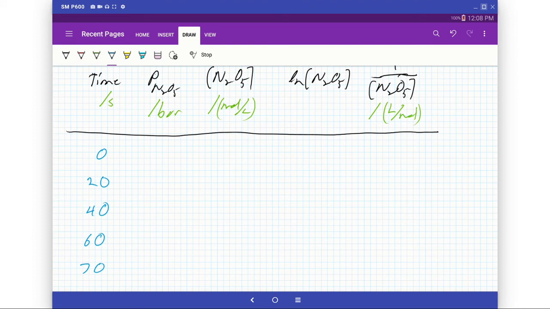So just off the table that was on the previous page, this is 0.992 bar, 0.289. All right, so that's the data we've given. Now we need to calculate the concentration, natural log, and 1 over.